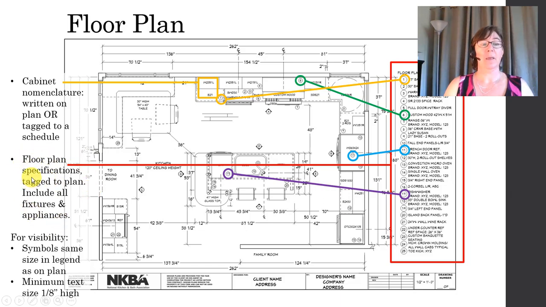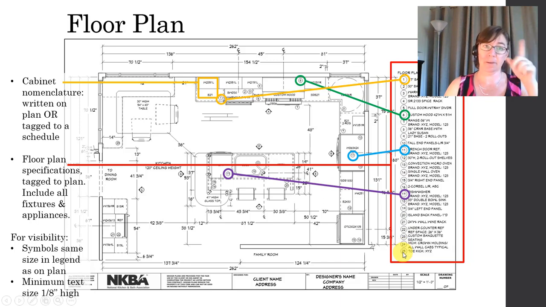Here it is right here. Your sheet will include floor plan specifications tagged to the plan. You're going to include all fixtures and appliances here in the floor plan. The specification is a legend, and it is over here on the right-hand side of the page. It's got a title and a list of little numbers.